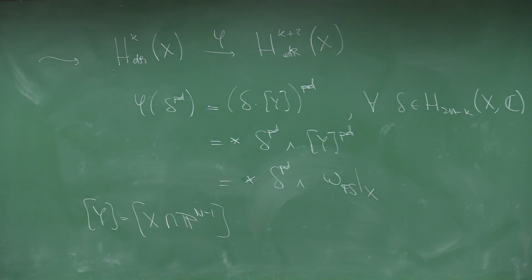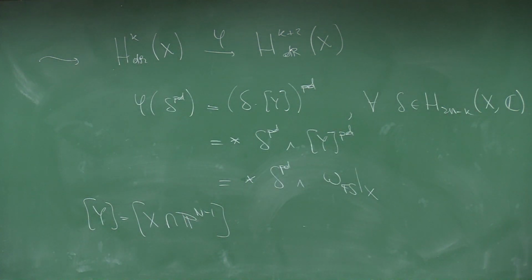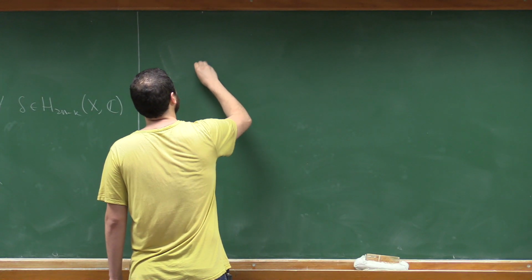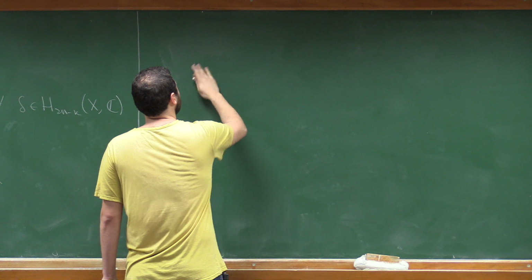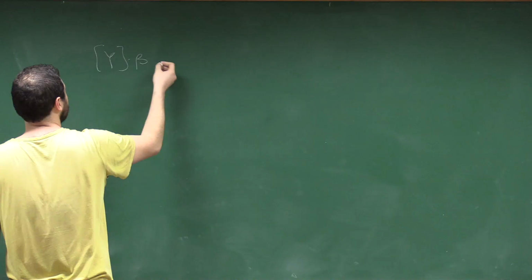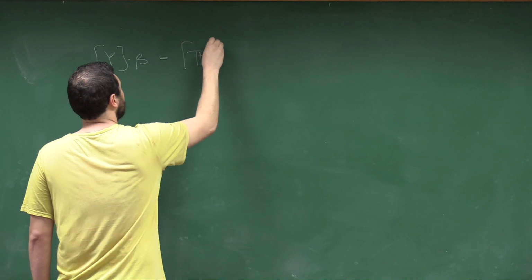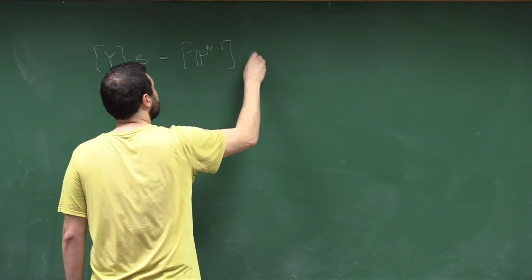So for every 2-cycle beta, the product of y with beta will be equal to the product of Pn minus 1 with beta.